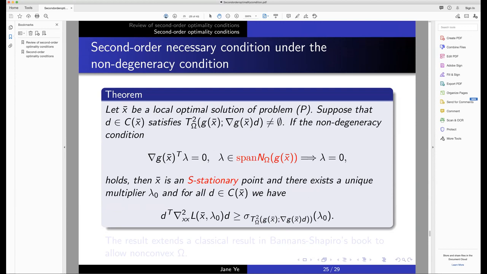I'm asking what happens if you try to see the convex case, put everything inside omega. Suppose omega originally is convex, and then you define a new omega that contains the constraints, and try to analyze using the tools you developed whether you would get something similar to what Bonnans and Shapiro originally obtained.